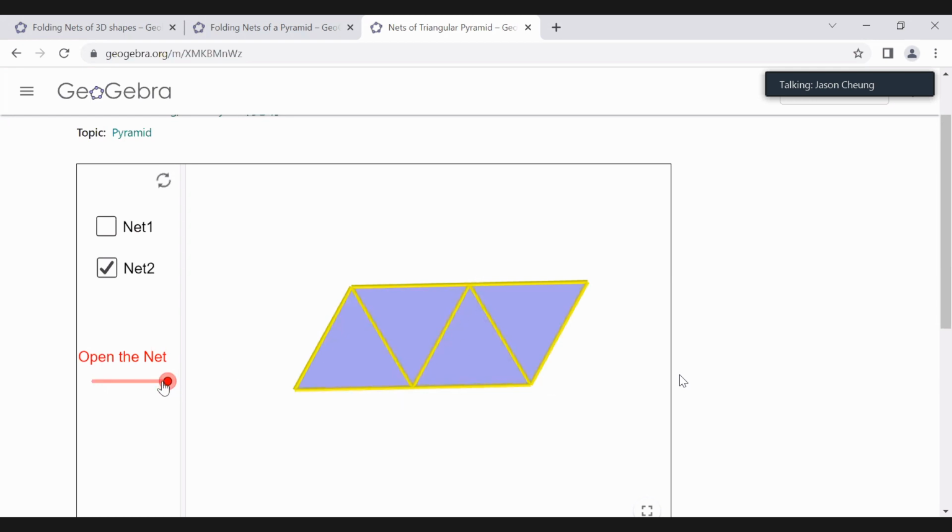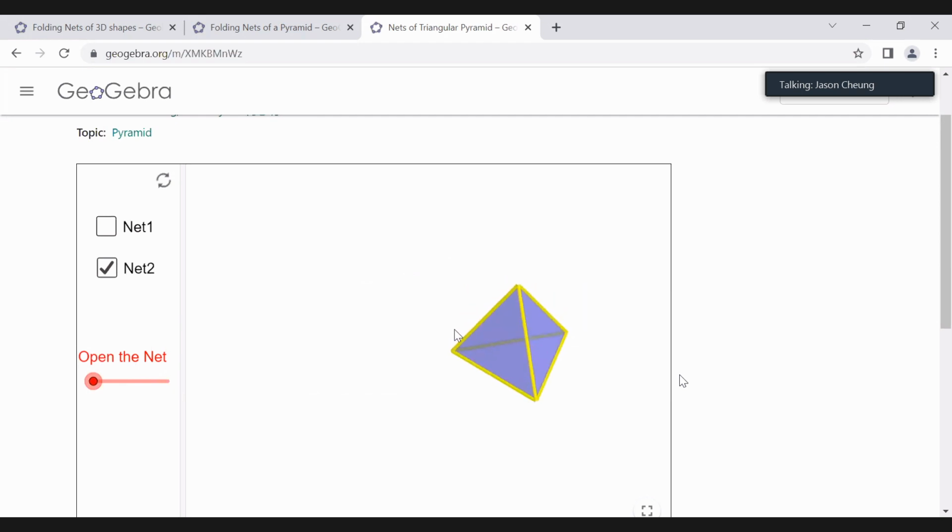So these three sides have to be folded together. And then next, this side will stick with this side. And then this side will stick with this side. So therefore, we can see that this is a triangular pyramid. All right, so this is another net.